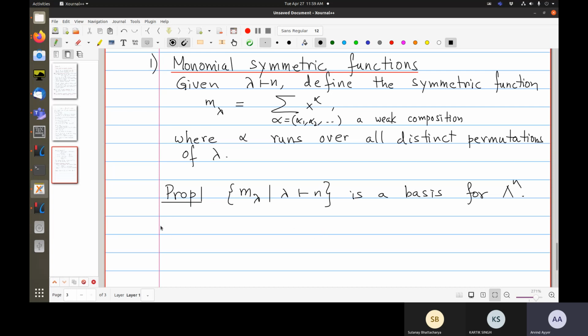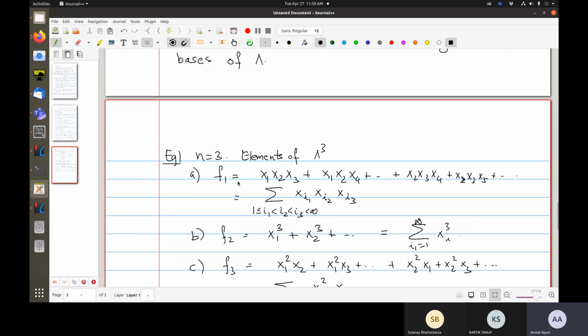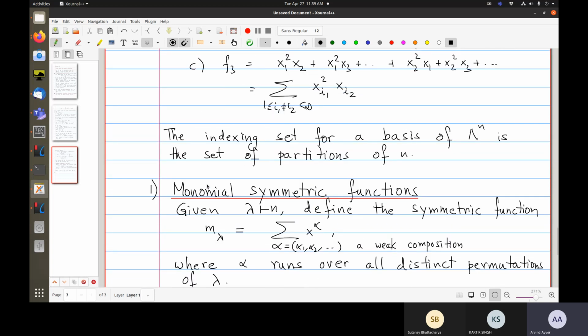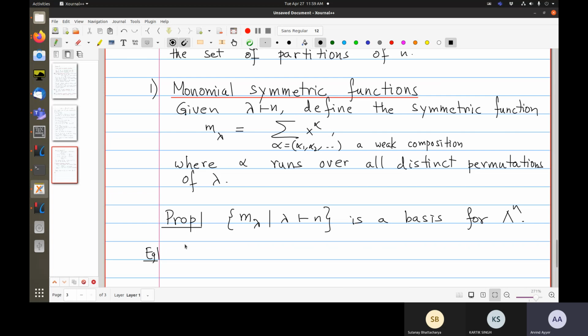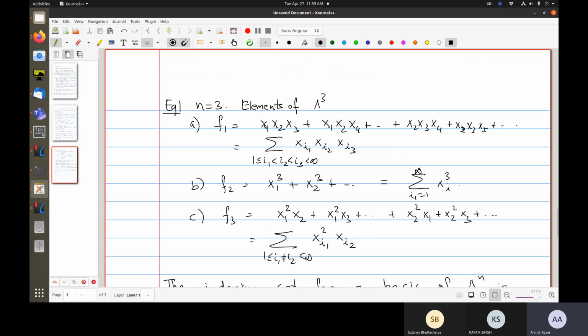So going back to the example above, here F1 is M of 1, 1, 1, because this is the partition 1, 1, 1. So each variable appears exactly once, and there are 3 of them, and that was the first example over here.